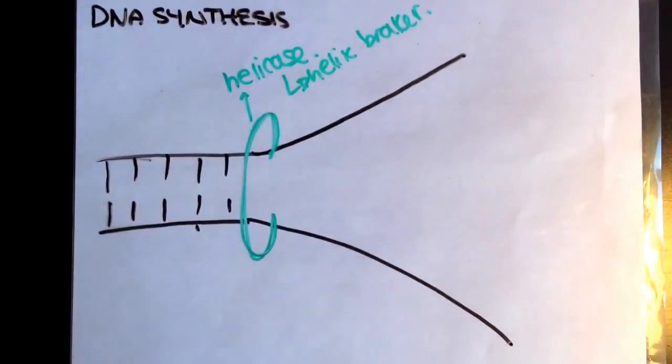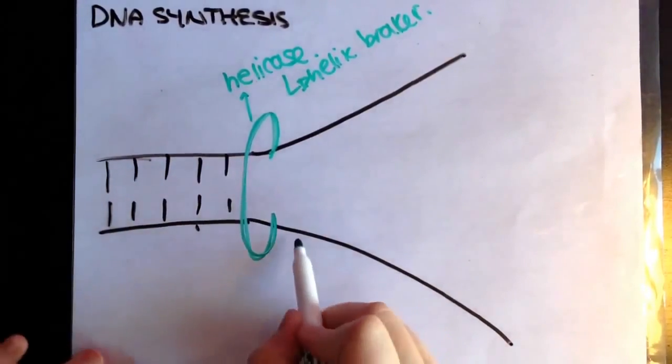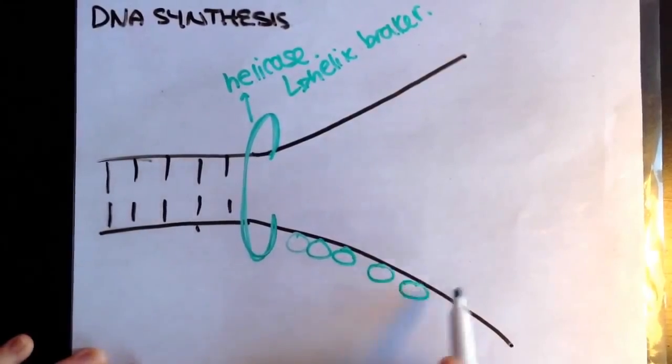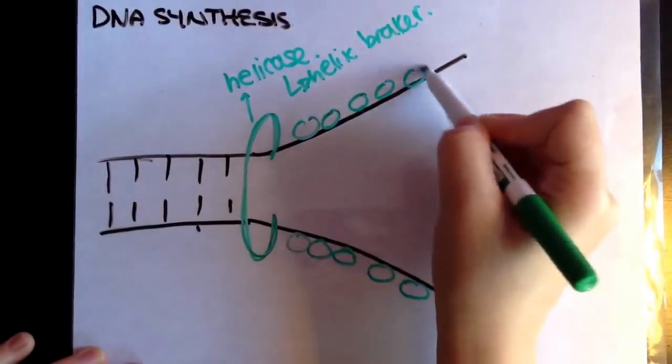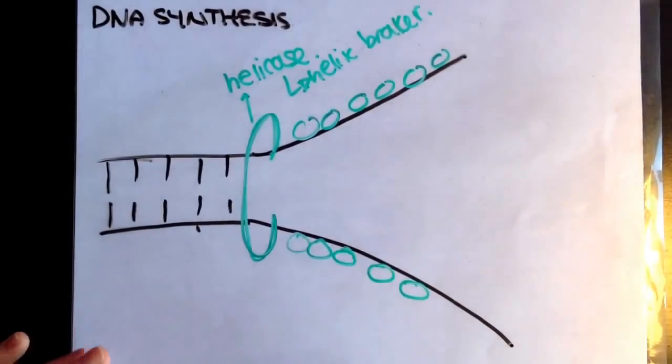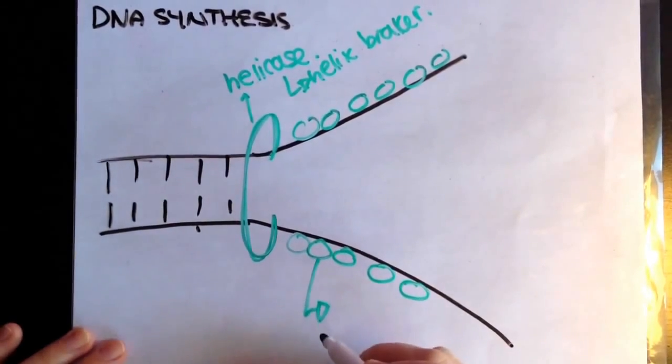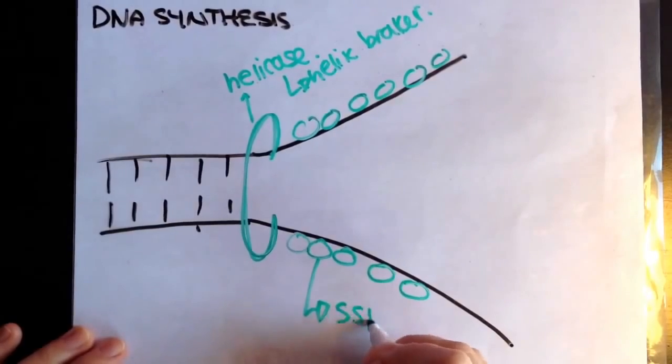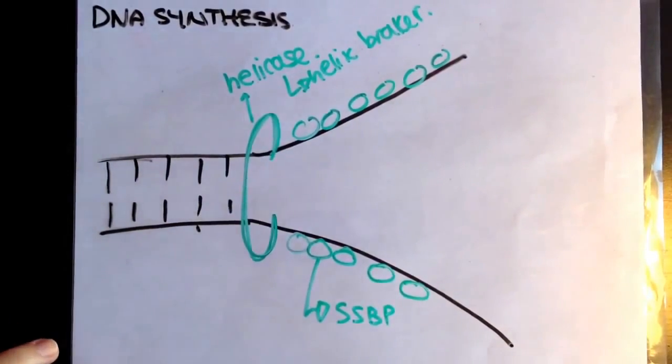And then what happens is that we have these little structures over here, on the individual strands that have been opened up. What these are called are single-stranded binding proteins, SSBP for short. What single-stranded binding proteins do is they protect the DNA from cleavage. They prevent it from rehealing, and they protect it from degradation.